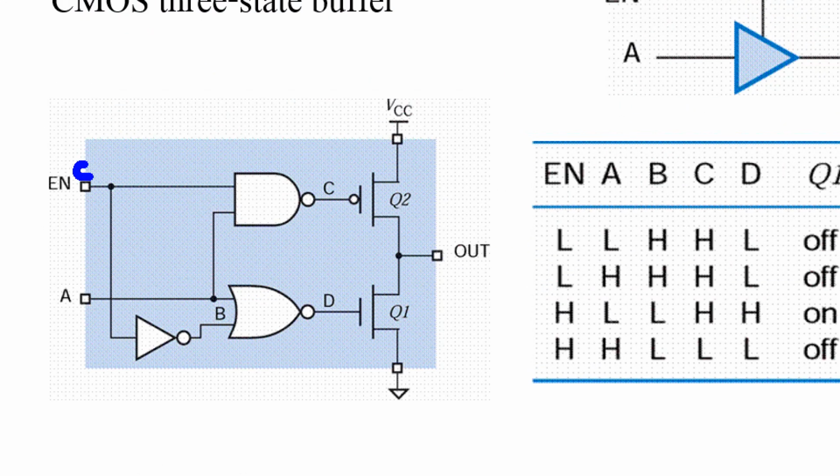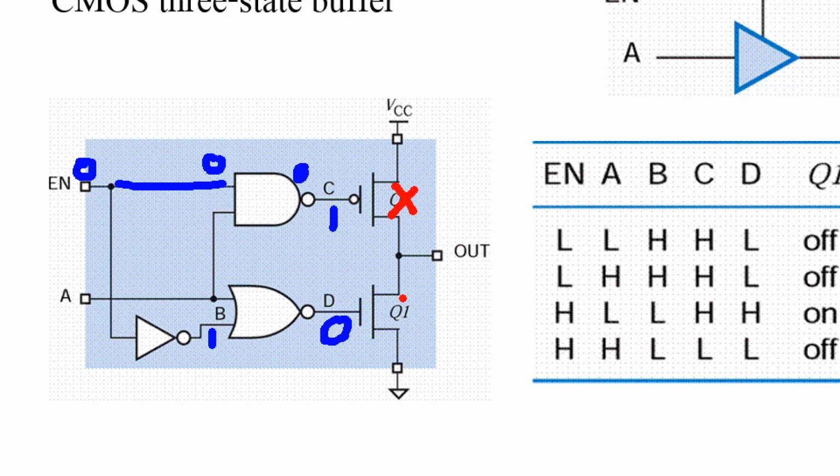When enable is 0, 0 at here, 1 at here, right? 0 and anything is 0, and then the input becomes 1 at here. 1 or anything becomes 1, and then the input becomes 0 at here. So this one is active low but applied 1, so this one is turned off or open circuit.